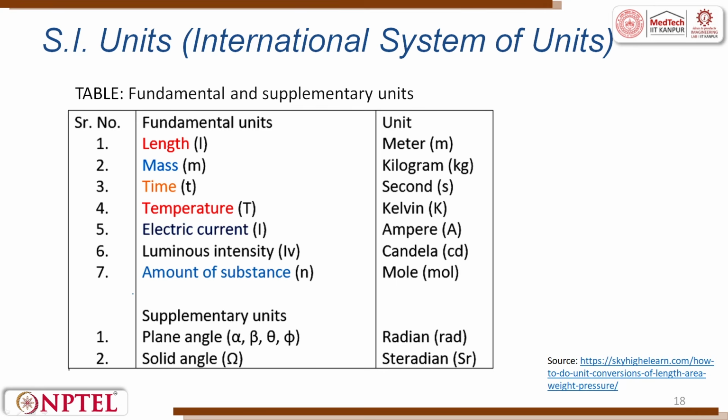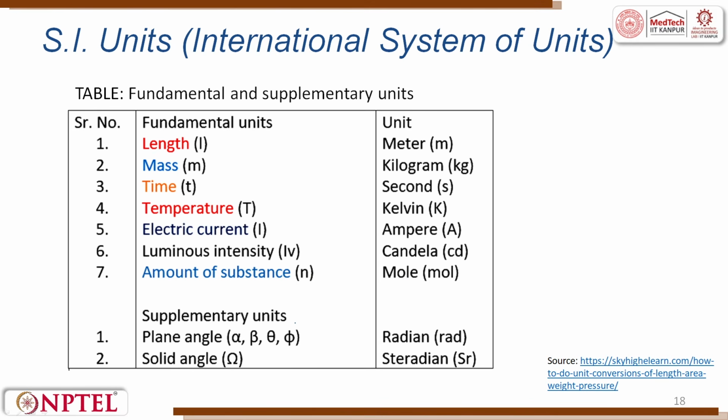So, I have clearly written it: length is L, mass is m, small t is time, big T is temperature, electric current is I, luminous intensity is LV, atom of a substance is N. So, length is expressed in meters, mass in kgs, time in seconds, temperature in Kelvin, current in ampere, luminous intensity in candela, which is CD, and amount of substance in moles.